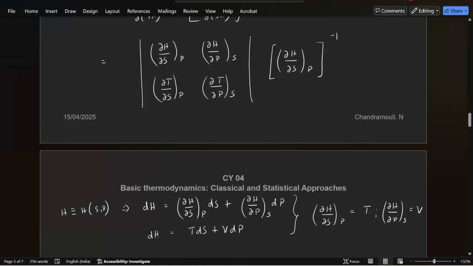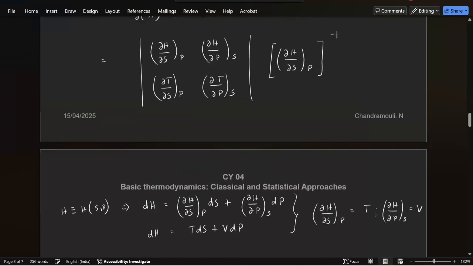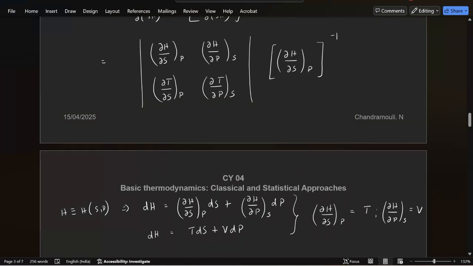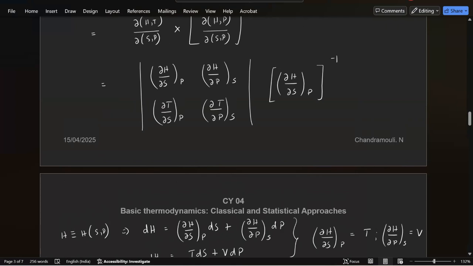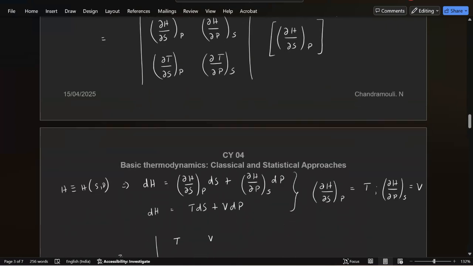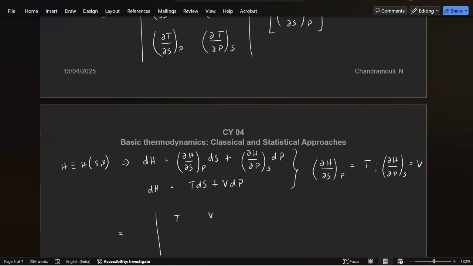So the determinant now would become: the first term is del H by del S at constant pressure, which is temperature. The second term is volume, as you can see, del H by del P at constant entropy. Then the remaining terms I'll just write as they are. We'll come to that a little bit later so that it's easier.